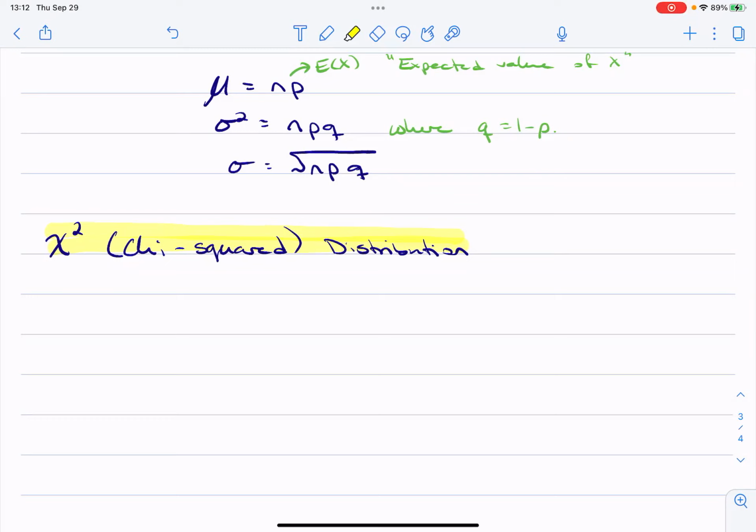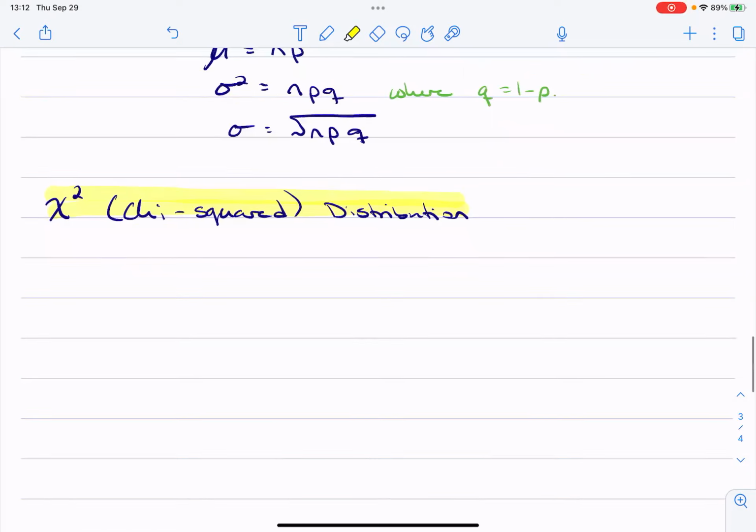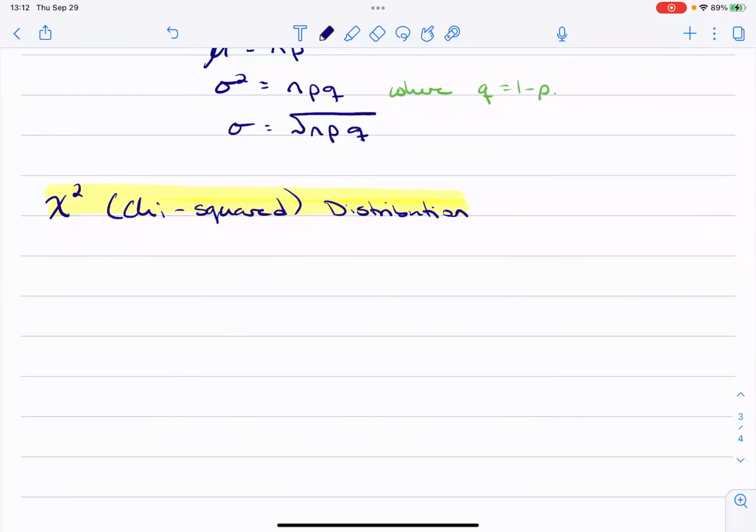So if I have two categorical variables, then how can I tell if those things are behaving the way I expect them to? That's where the chi-squared distribution comes in. And we use it to model departure from expectation, okay, in counts.